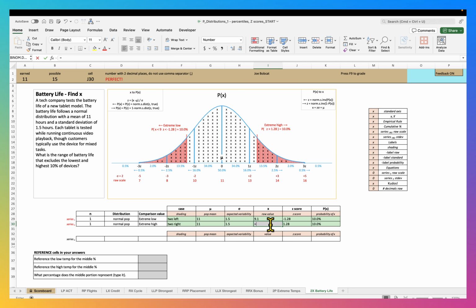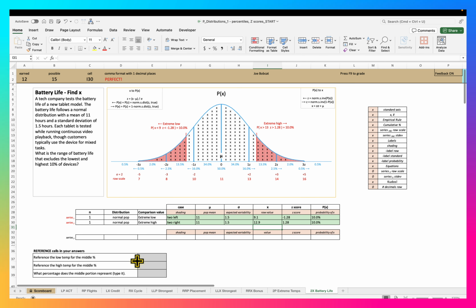And then the X value is going to be the z-score times standard deviation plus mu, 12.9. Okay. So we're somewhere between 9.1 hours and 12.9 hours if we exclude the extreme values, which is what the problem wanted.